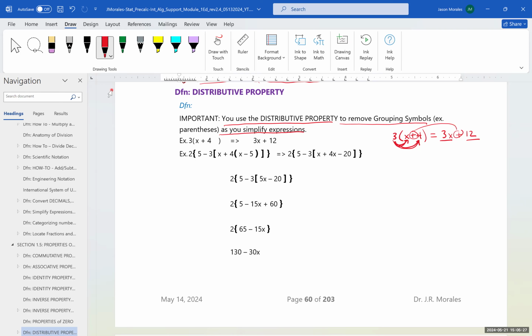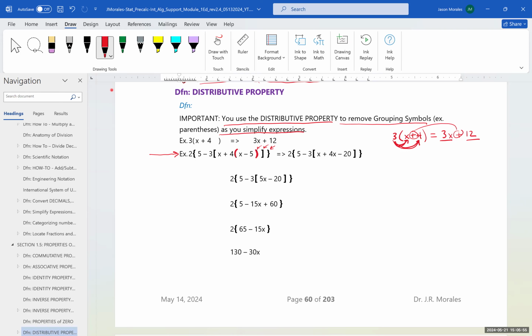So this is relatively simple to look at, and you can have ones that are as complicated as this second example. In this example, we have different grouping symbols. We've got braces, brackets, and parentheses. What you want to do is start from the inside out. So the innermost grouping symbols are these parentheses.